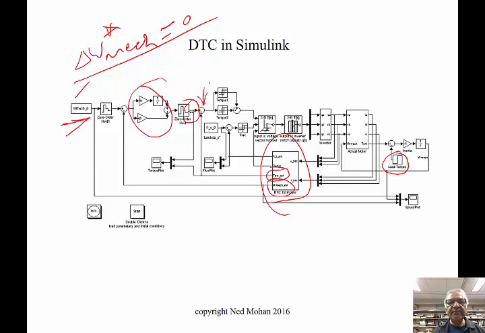And the same thing we do with the rotor flux linkage, lambda s, which is the reference coming in here, and then we also have the rotor flux linkage estimated here, and the difference of these two here all goes into the selection of the voltage space vector to this machine model. So when I say actual, it's really not an actual machine. Here's the model of the actual machine here.